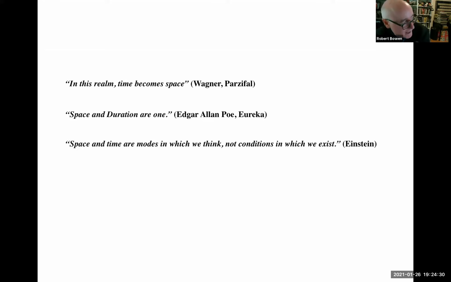And in Parzival, one of his characters says, "In this realm, time becomes space," which, he predates Einstein, but now we know that's true. Edgar Allan Poe also, way before Einstein, says space and duration are one.